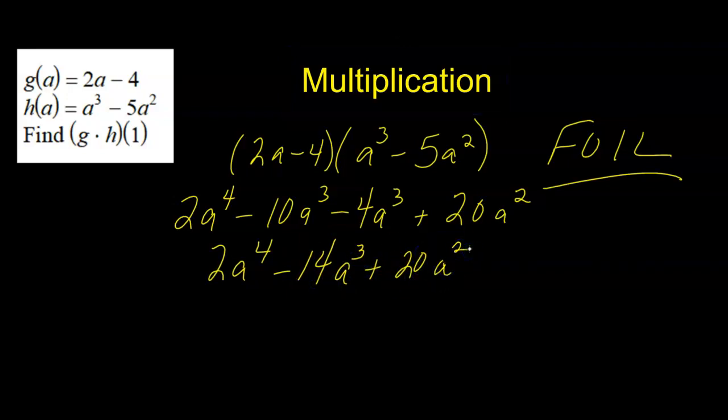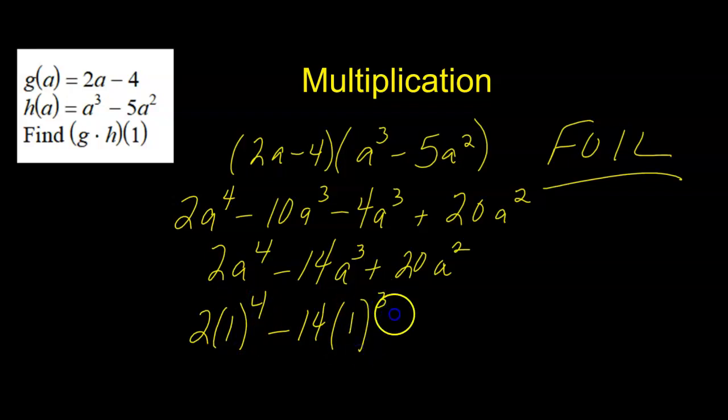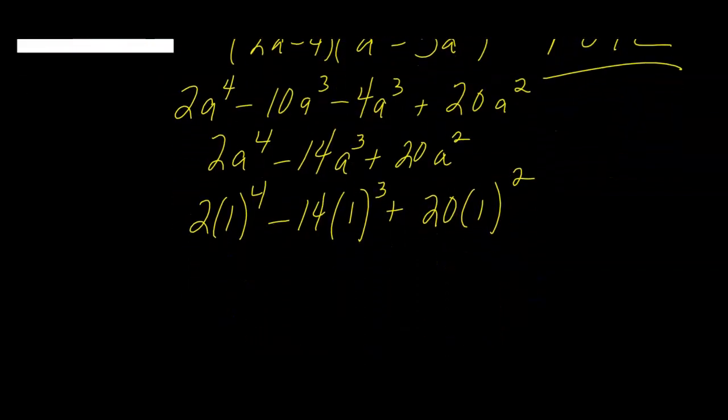Okay, and then if this was just an a here, we would be done, but this is a 1. They're telling us to substitute. So you're going to add in that 1 for all the a's. So you're substituting. So that's 1 to the 4th. Anytime you raise 1 to any power, it just stays 1.